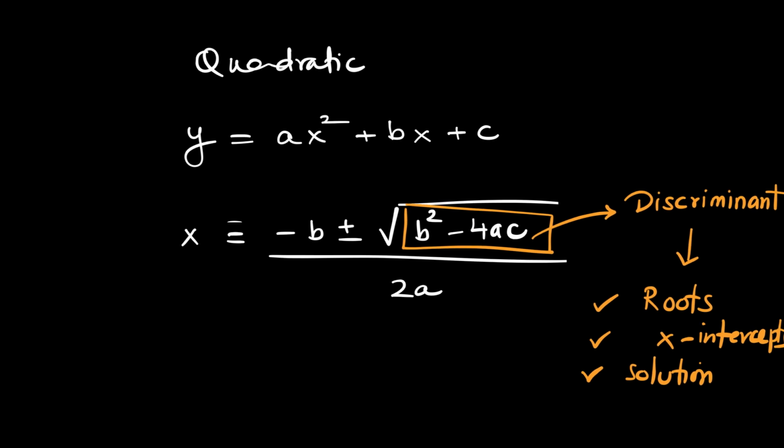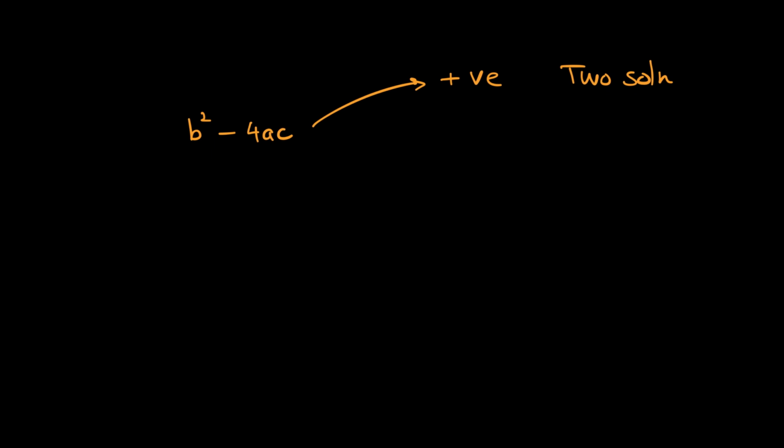We know that if the discriminant is positive, we end up with two solutions. Why? Because there is a positive and a negative sign before the square root. Now, if we go back to b² minus 4ac, what if the value is 0?